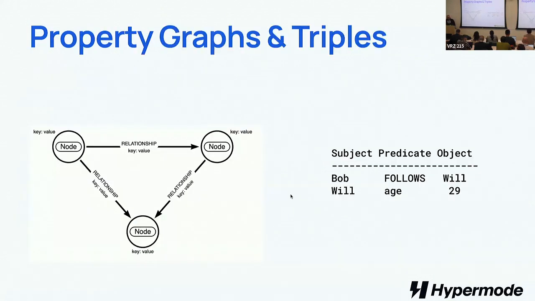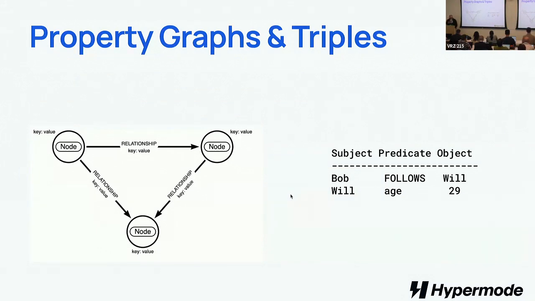So when we talk about this mix of property graphs and triples, how does this work? Well, the property graph model, we already talked about that. We have nodes, they have one or more labels, relationships have a type, a direction, and arbitrary key value pair properties.